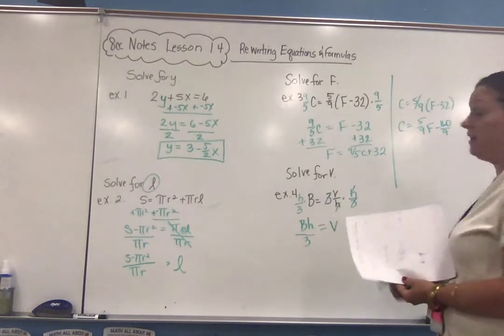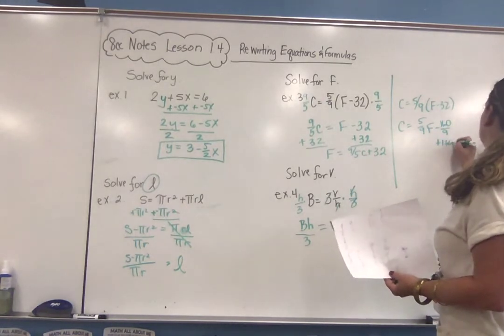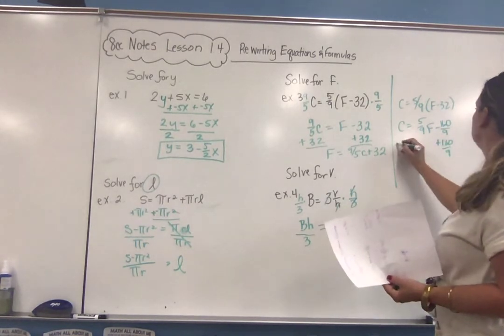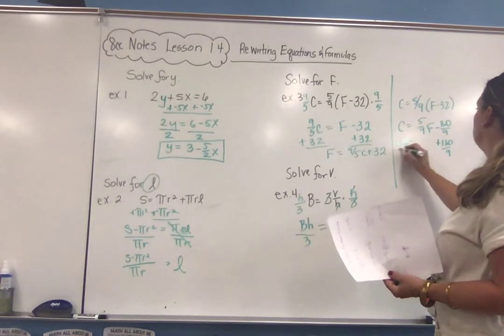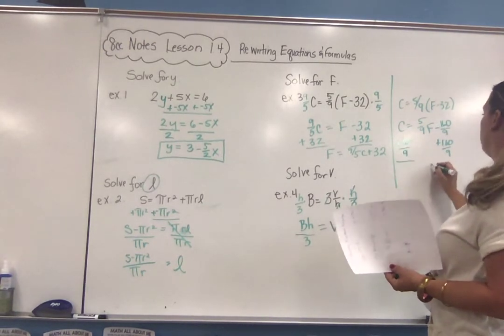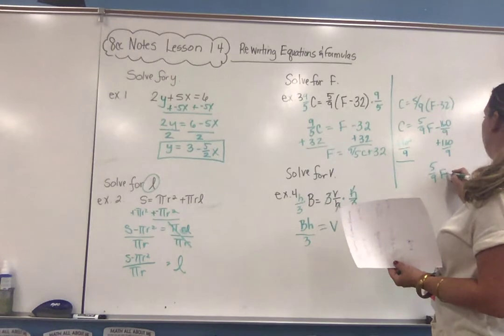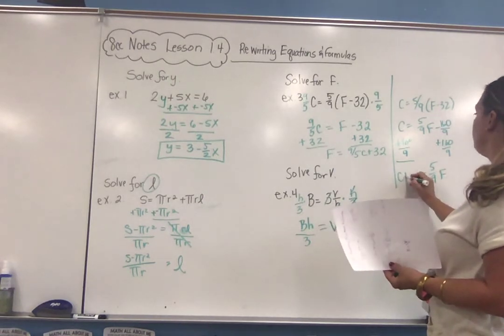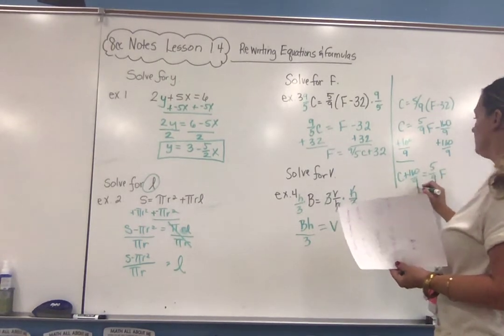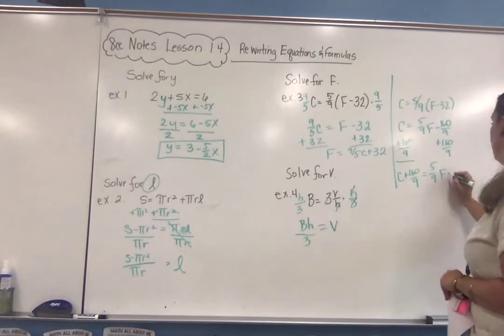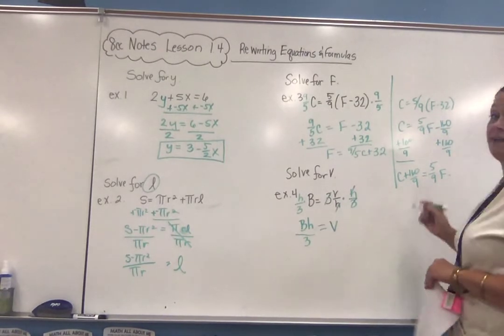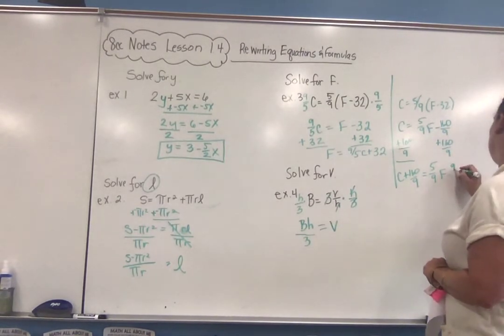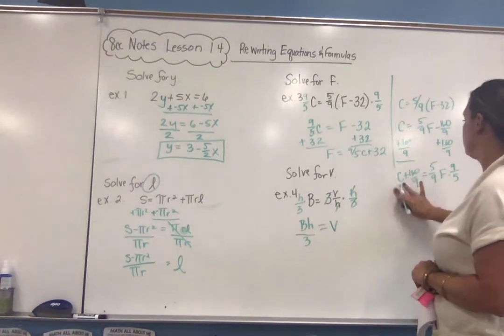I could do that. And then I could add 160/9 to both sides. And then I'm left with 5/9 f equals c plus 160/9. And then I could divide both sides by 5/9, which is the same as multiplying by 9/5.